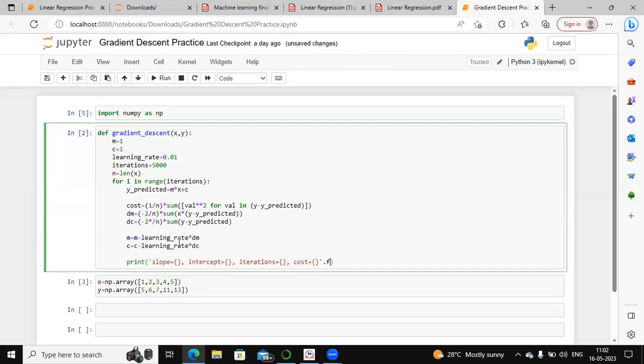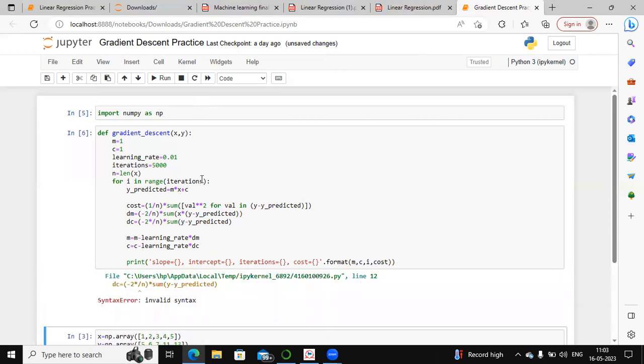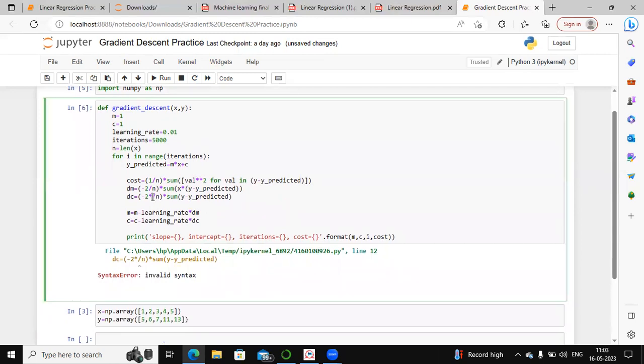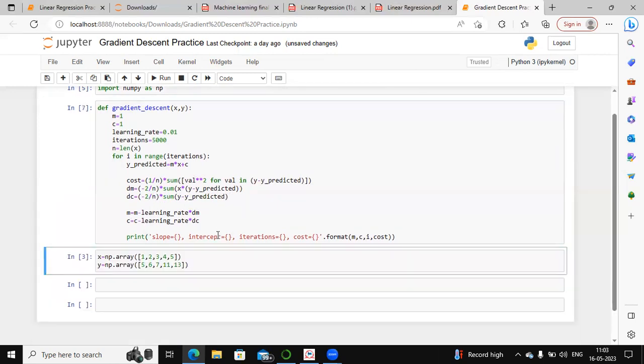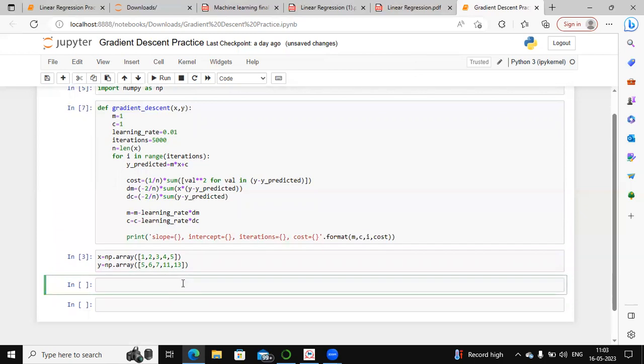We are using format, and we'll pass the value of m, that is slope, c, that is intercept, number of iterations is i, and the cost is the cost. Okay, so let's run this. Invalid syntax. Okay, let's run this again.